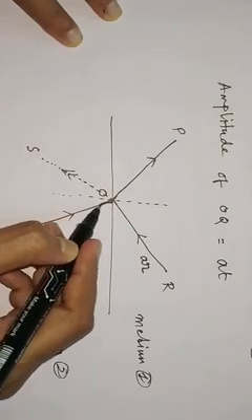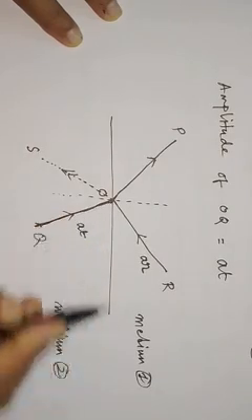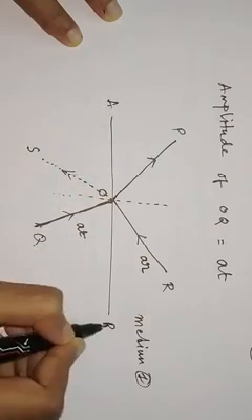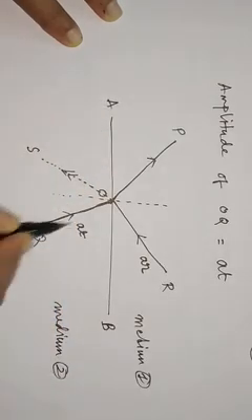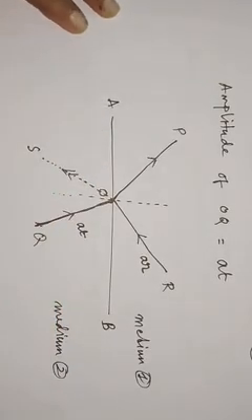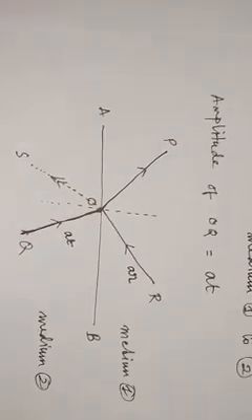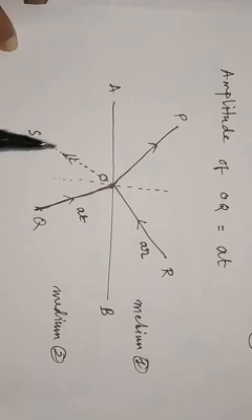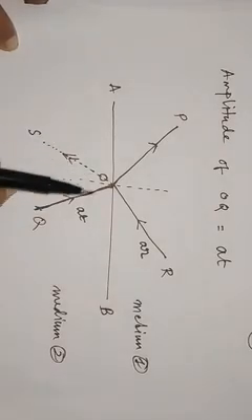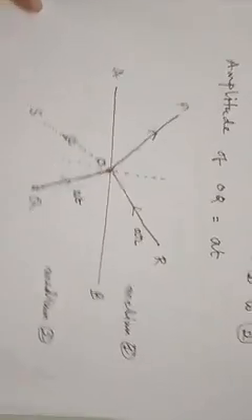This ray QO is incident on the surface AB in medium 2, then it is reflected along OS. So here we will use the reflection coefficient R prime in medium 2. R prime is the ratio of the amplitude of the reflected ray OS to the incident ray QO.